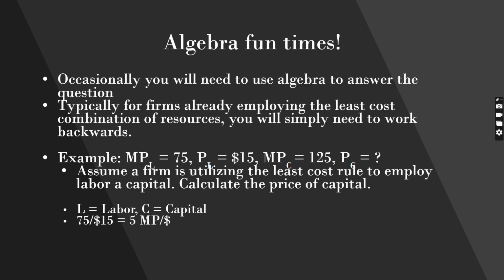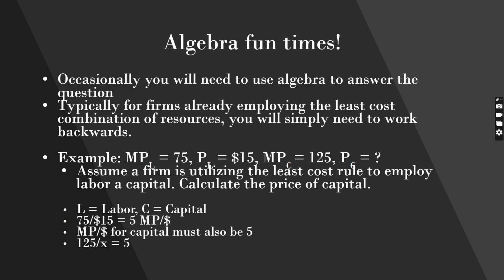But we can't use that same equation necessarily for capital because we don't have the price. However, we know if this firm is using the least cost rule, then the marginal product per dollar of the labor they're employing is going to be equal to the marginal product per dollar of the capital they're employing. So we can set this up so that the marginal product per dollar for capital is also 5, which is what we calculated the marginal product per dollar of labor to be.